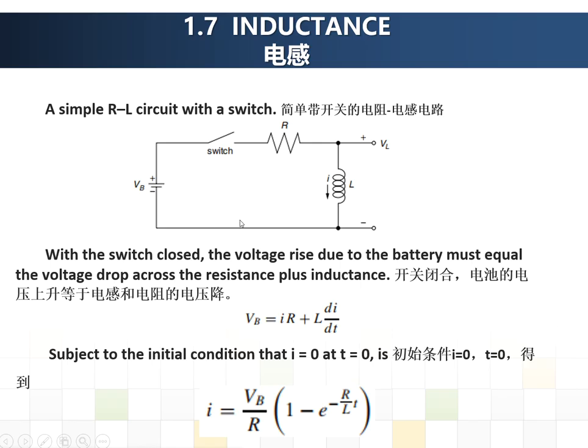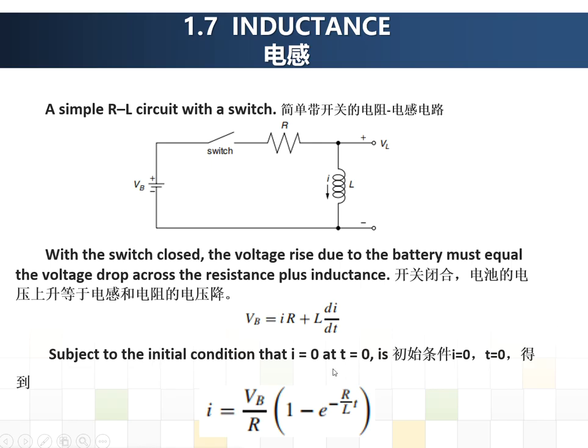When the switch is closed, the voltage rise due to the battery must equal the voltage drop across the resistance plus the voltage across the inductance. So VB is equal to I multiply R, which is the voltage drop over the resistance, plus L multiply di/dt, which is the voltage over the inductance.